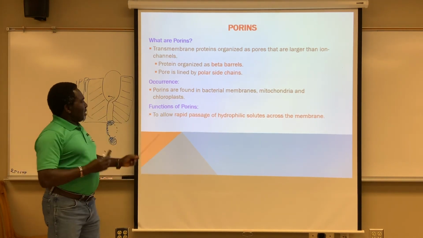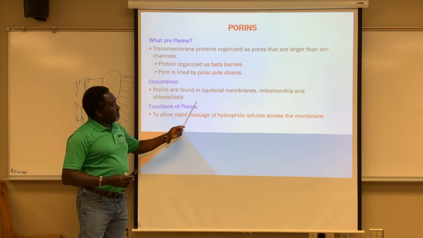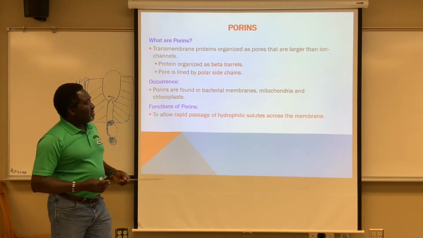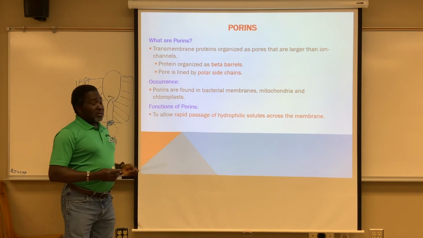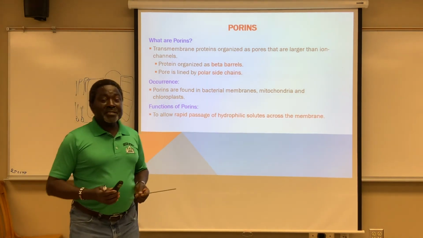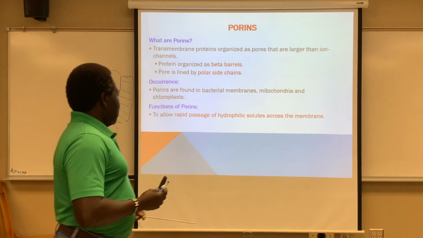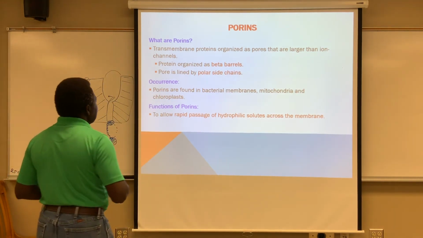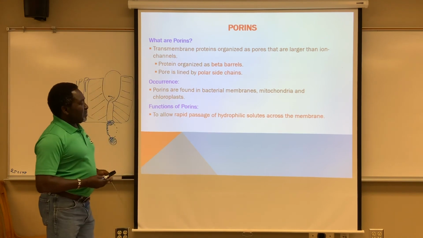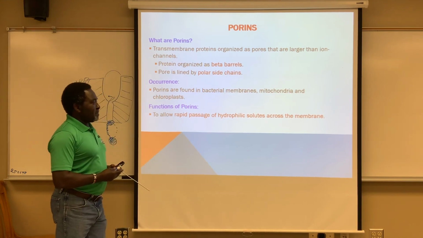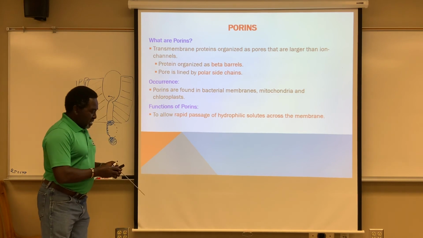In terms of occurrence, they are very common in bacterial membranes. They're also common in mitochondrial membranes and also found in membranes of chloroplasts. The function of porins is to allow rapid passage of hydrophilic solutes across the membranes.